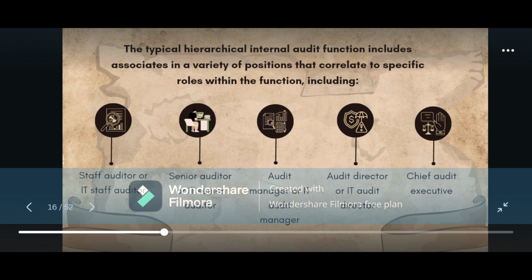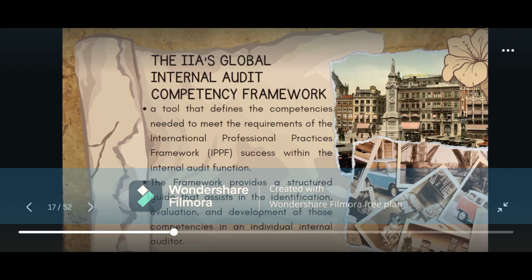The typical hierarchical internal audit function includes associates in a variety of positions that correlate to specific roles within the function, which includes staff auditor or IT staff auditor, senior auditor or IT senior auditor, audit manager or IT audit manager, audit director or IT audit director, and lastly, chief audit executive.